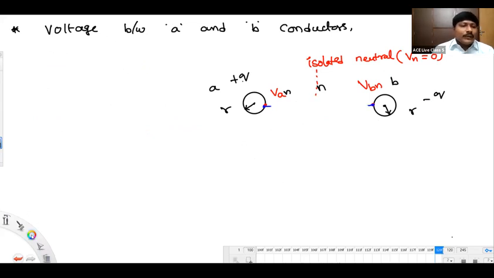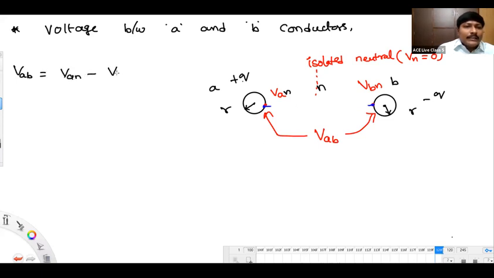I can say it is VAB, which is nothing but VAN minus VBN. So VAB is equal to the conductor A to neutral voltage minus the conductor B to neutral voltage.